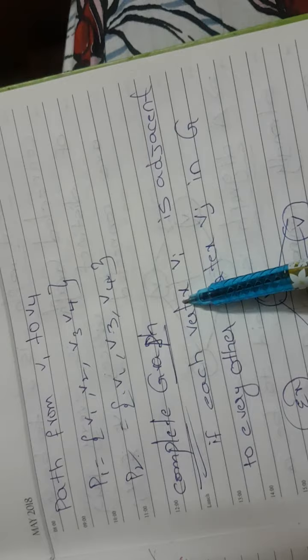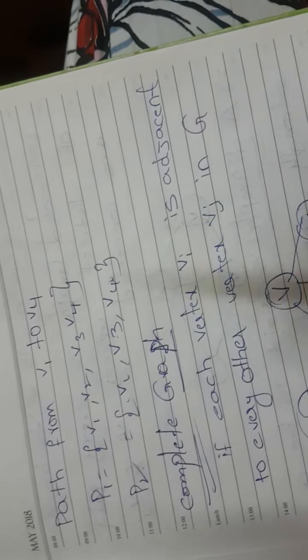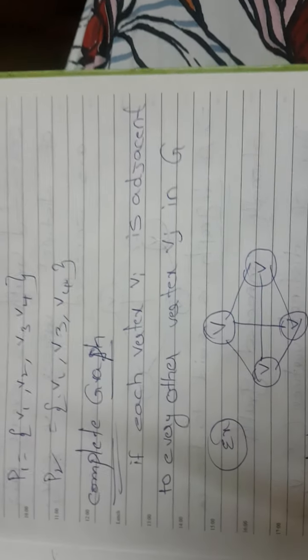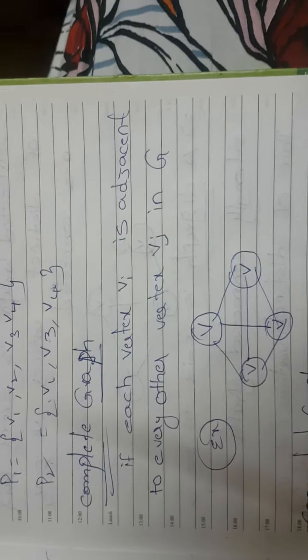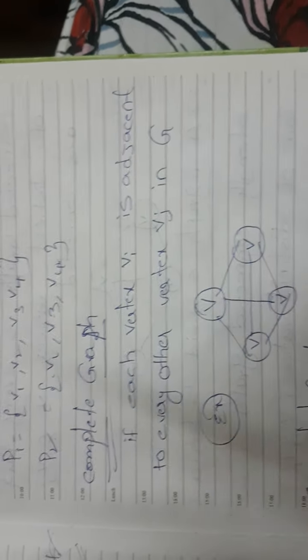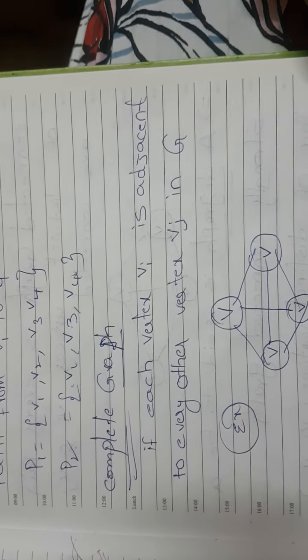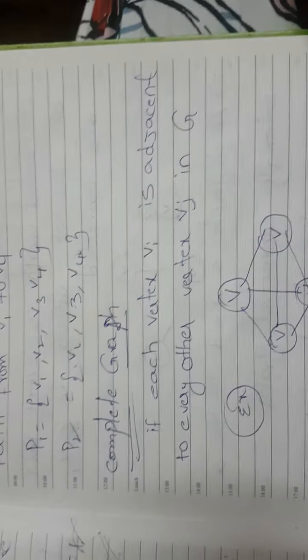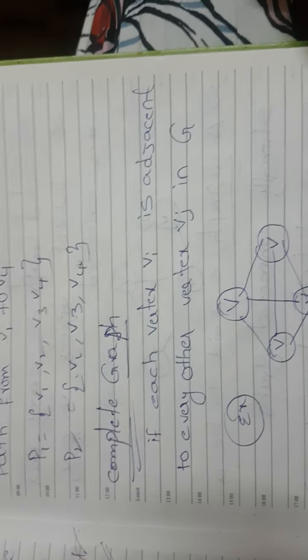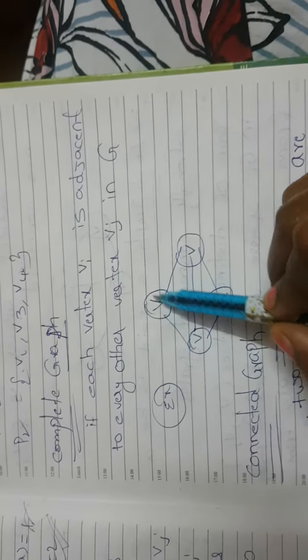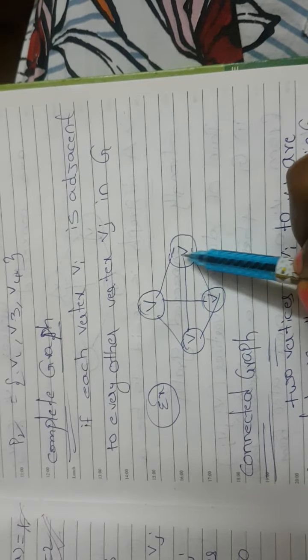Next one is the complete graph. A graph is said to be a complete graph if each vertex Vi is adjacent to every other vertex Vj, then that graph is called a complete graph. Suppose here, how many vertices are there? 1, 2, 3, 4.